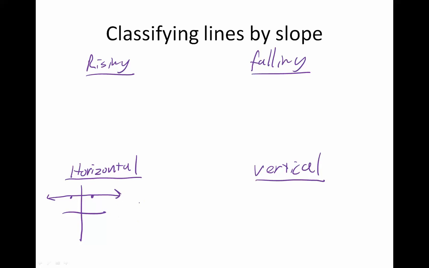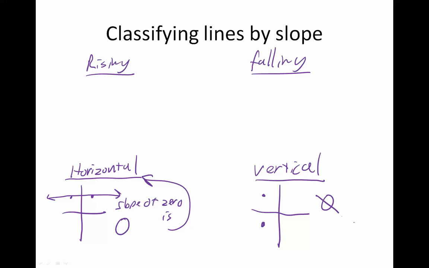And horizontal lines, as we saw in the last one, have the same y values, so you end up with 0. So a slope of 0 is a horizontal line, okay? And again, as we saw in the last video, when we have 2 points that are vertical, we end up with an undefined slope.